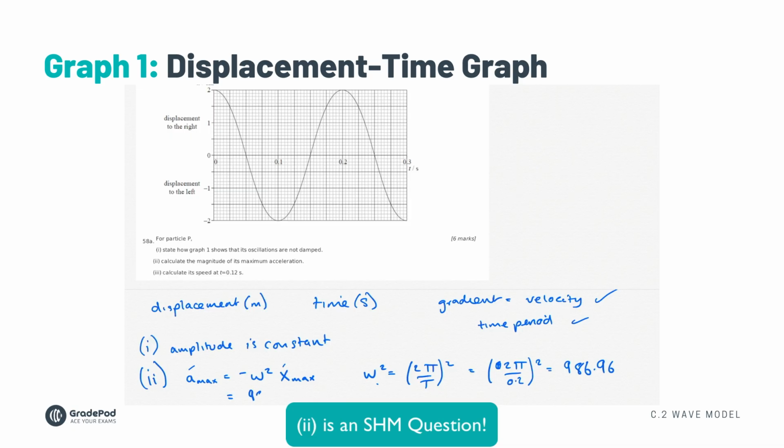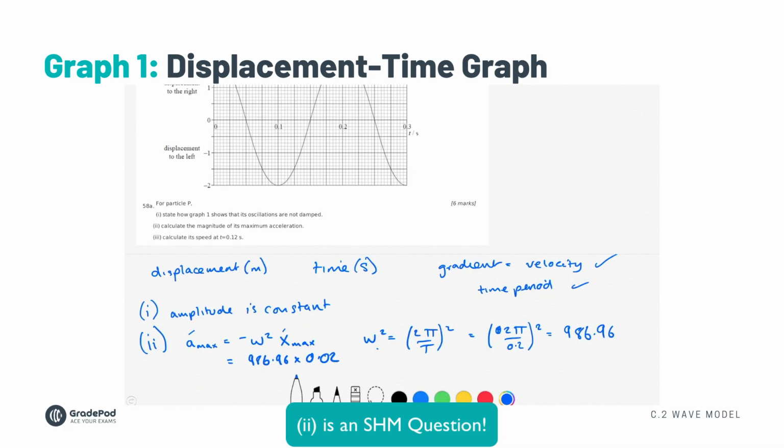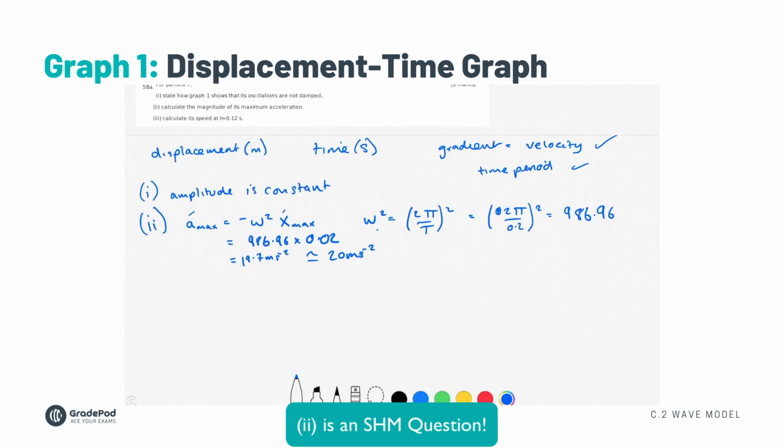So 986.96 times 0.02, which is the maximum displacement, gives us a value of 19.7 meters per second squared. I think we're going to have to approximate that to 20 meters per second squared, given that the rest of the data is given to a maximum of 2 significant figures.